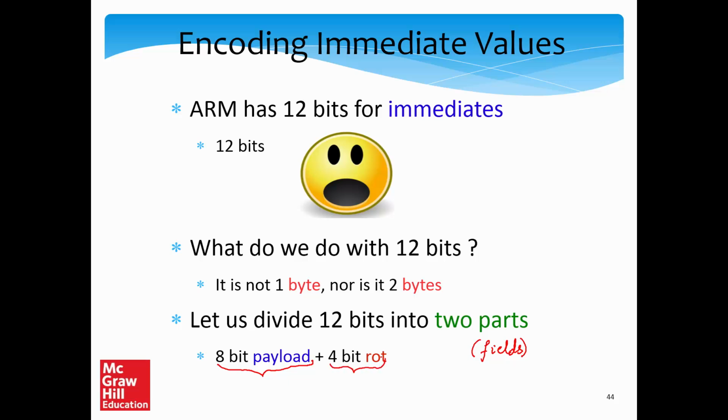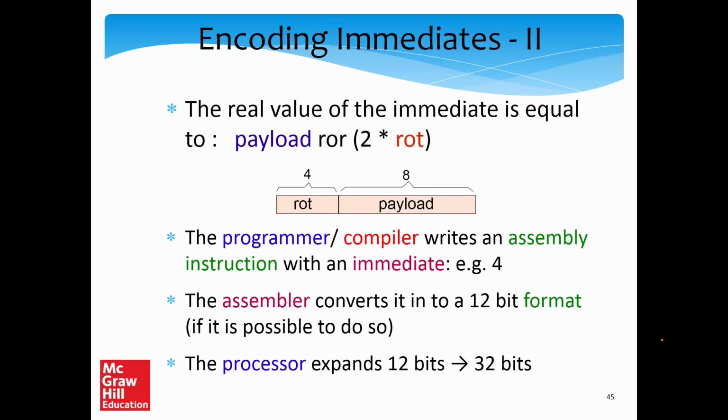So we'll see what these are. The real value of the immediate can be calculated like this. Let's again consider the 12-bit field. It is divided into an 8-bit payload, which is basically 1 byte of information, and a 4-bit field called ROT.